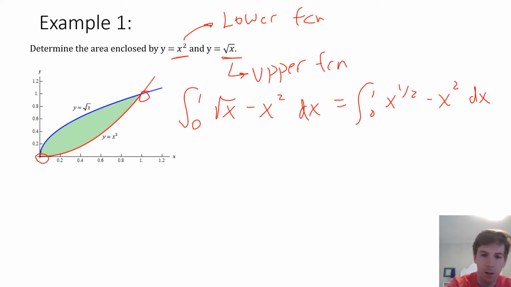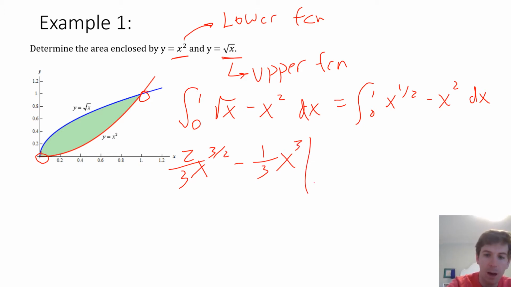So it's going to be 2/3 x to the 3/2 minus 1/3 x cubed, and I'm evaluating that from x equals 0 to x equals 1. We're just evaluating a definite integral, so we just need to plug in the numbers.